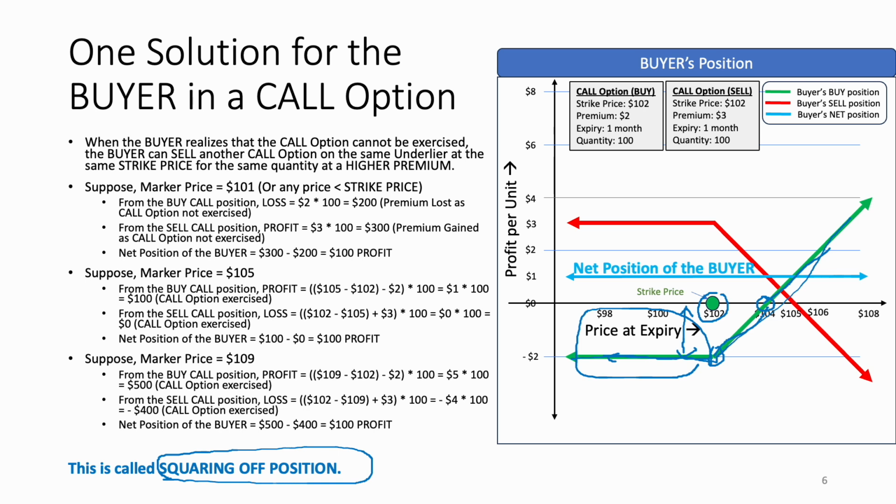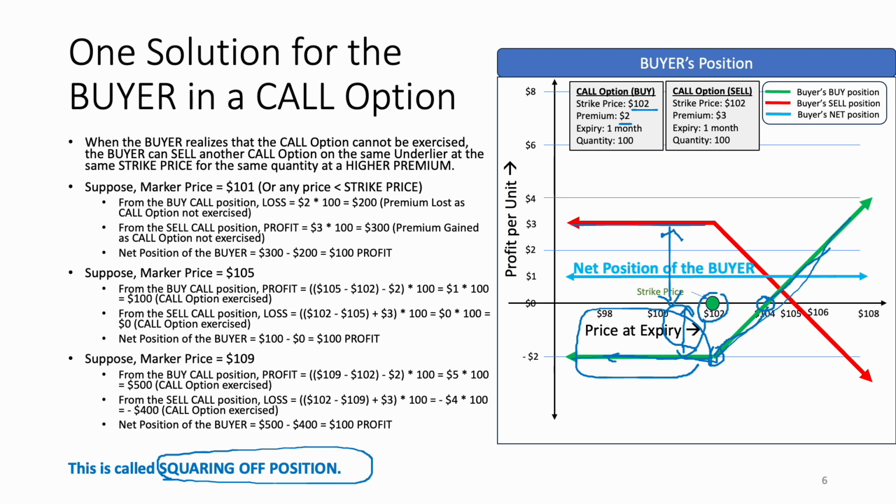Suppose the strike price was agreed as $102, that is here, and the premium agreed for purchasing the call option is $2, and the expiry is 1 month and quantity is 100.